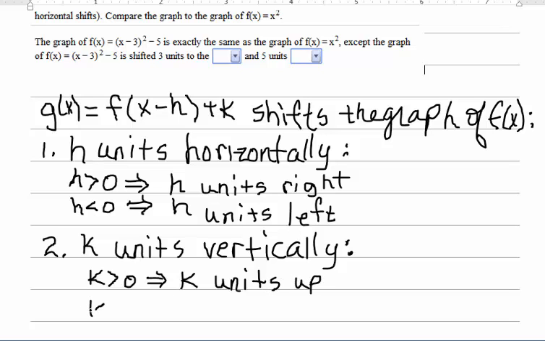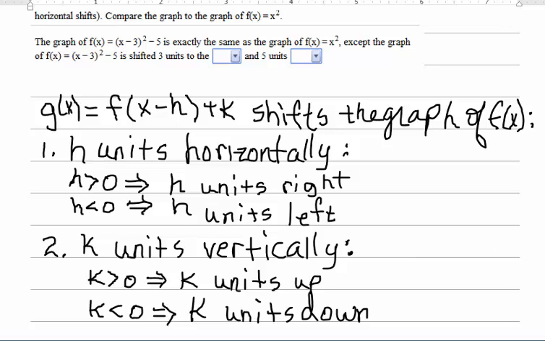If what you're adding on is less than 0, so that basically means you would have a subtraction of a positive quantity, then the shift is k units down. So those are the general principles.